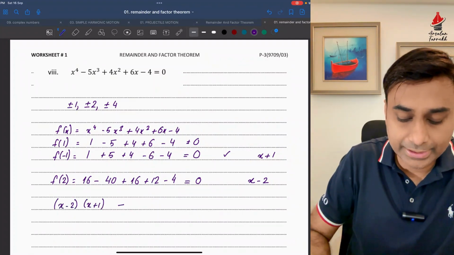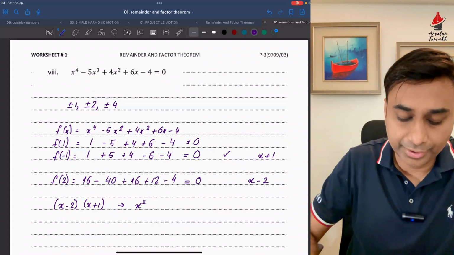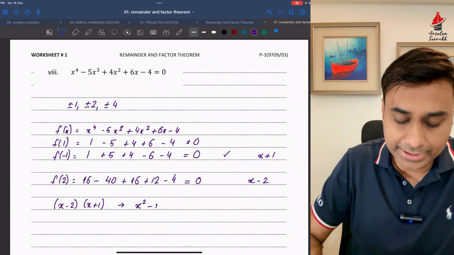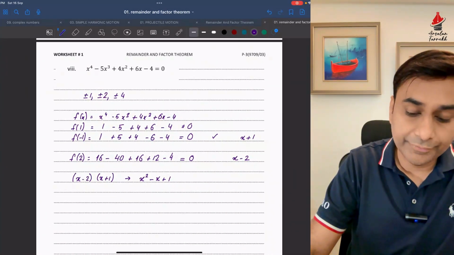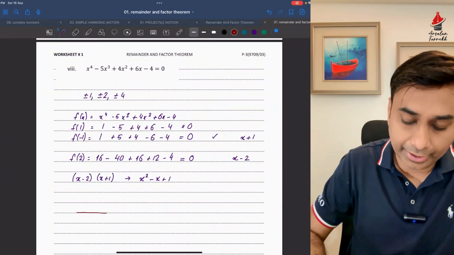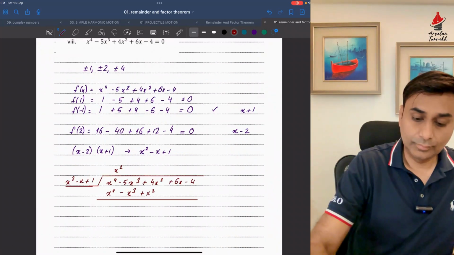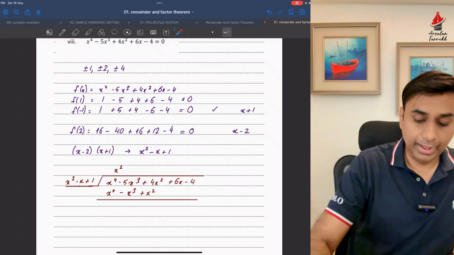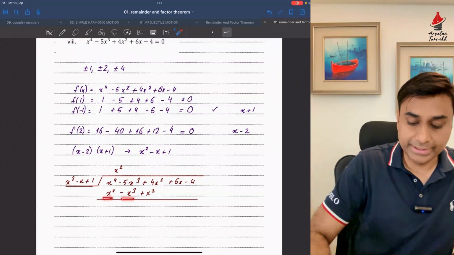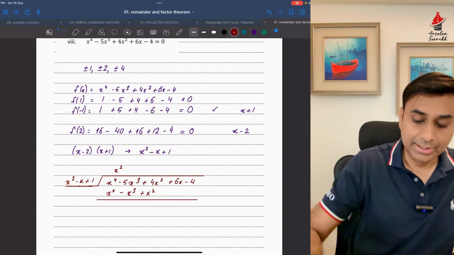I can multiply these to get myself a quadratic factor, x squared minus x plus 1. And then I will do long division to get the other quadratic factor. So the first term of the quotient is going to be x squared, and that will give me x^4 minus x cubed plus x squared.